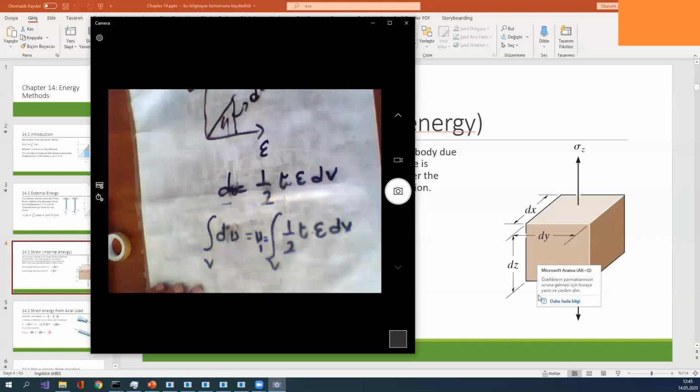This is caused from the normal force. For shear force, our stress notations just change. 1 over 2 remaining, I want to use tau instead of sigma. Also, I want to use gamma instead of epsilon.